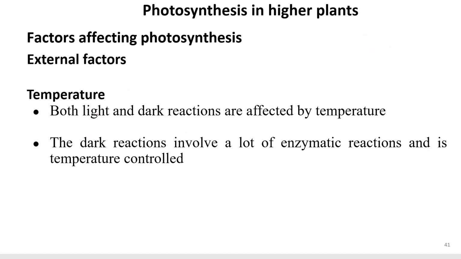Now let's talk about the temperature. Both light and dark reactions are affected by temperature. The dark reaction involves a lot of enzymatic reactions and is temperature controlled. The temperature affects the activity of enzymes, and enzymes work at optimum temperature.